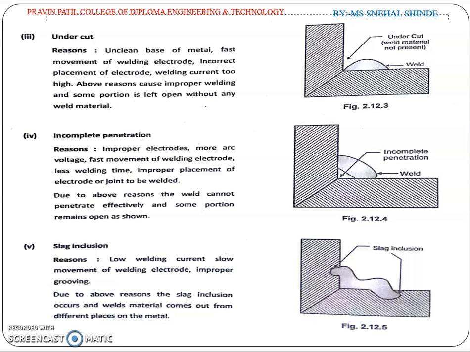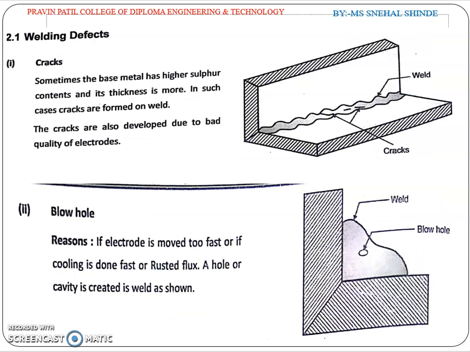So these are the welding defects where you can see the crack. Many times you have seen cracks, then the blowhole where the hole is there. So these are the causes of the welding defects.